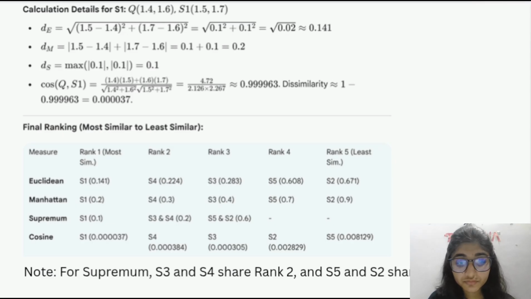We will get that Euclidean is rank 1 and Manhattan is 0.2, and we rank in the following way. For supremum, S3 and S4 share rank 2, and S5 and S2 share rank 4.